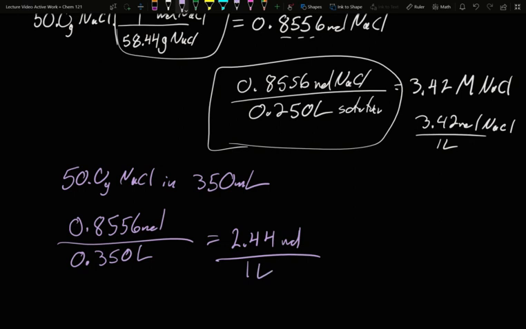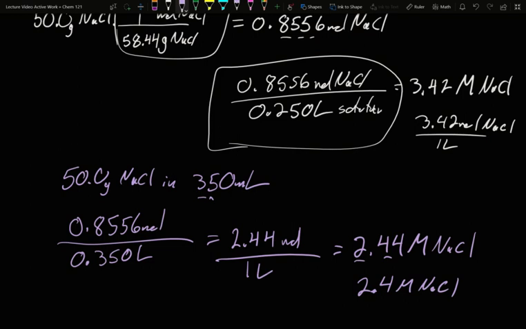So we just divide those two numbers and it tells us 2.44, which we tend to write as 2.44 molar NaCl. And I suppose we had 3 sig figs this time. By increasing the volume we have spread those moles out in, we have decreased the molarity.